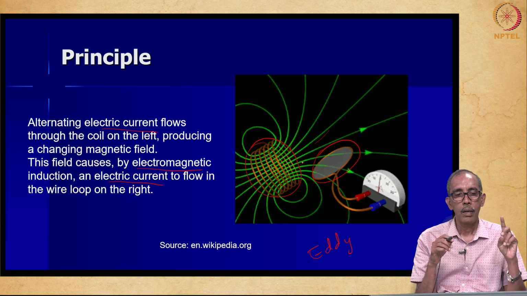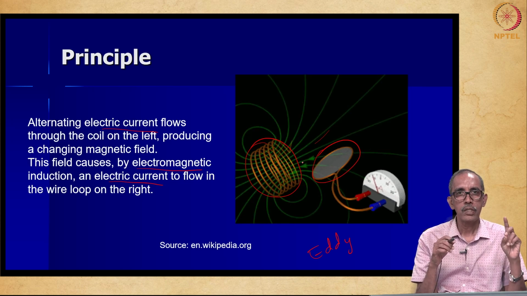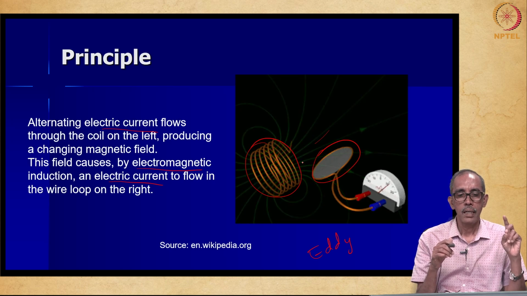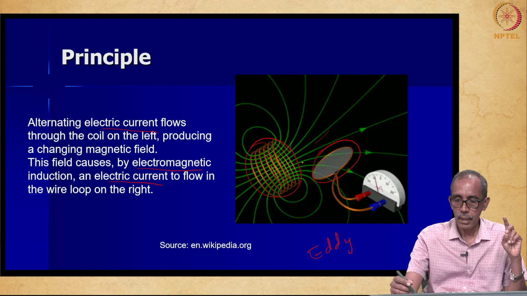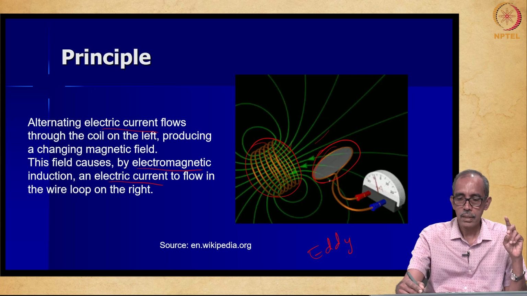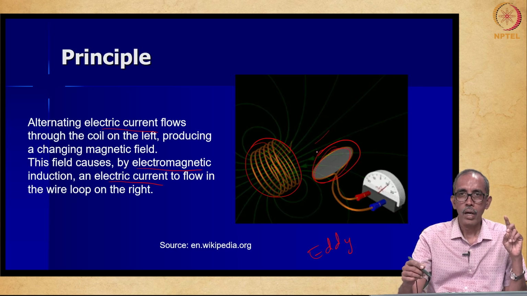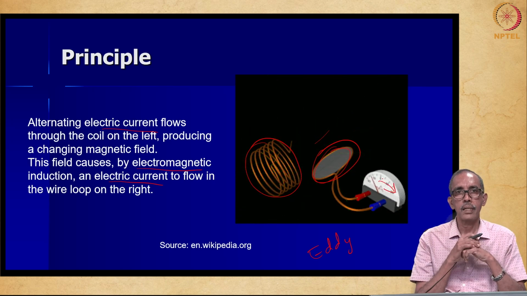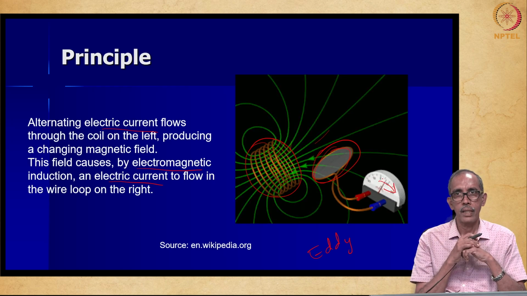One is to pass the current which produces a changing magnetic field. This field causes electromagnetic induction, which results in an electrical current developed in another coil which we have kept, that generates some electrical current which is measured, right.